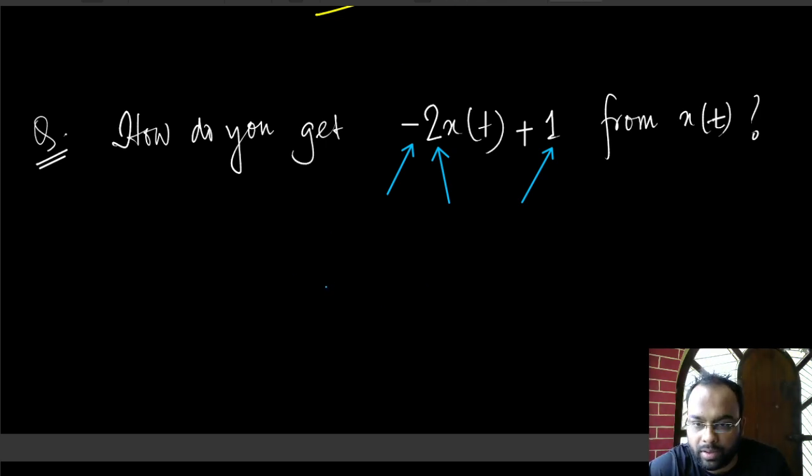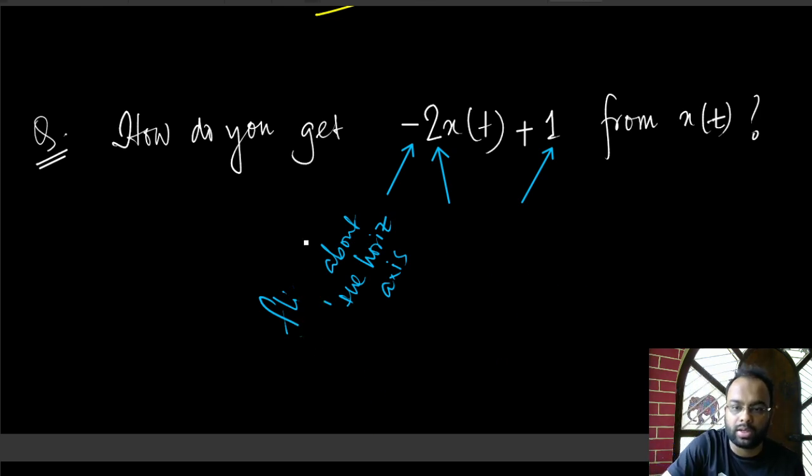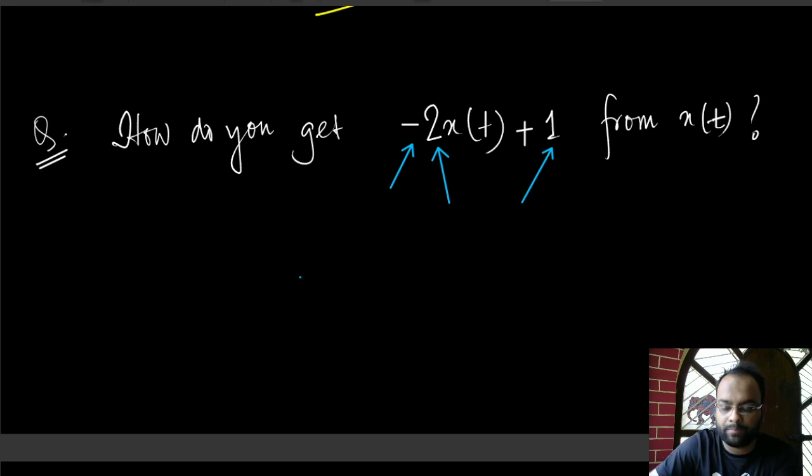So the steps are: flip about the horizontal axis, right? Then the next step is, okay, wait, hold on, doing this with the drawing pad is slightly difficult, right?